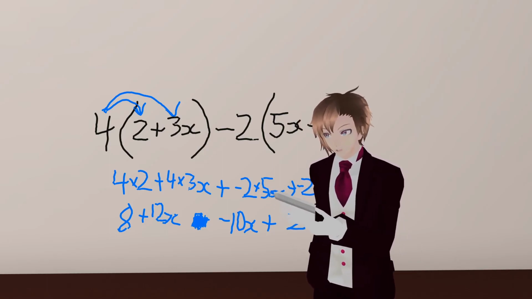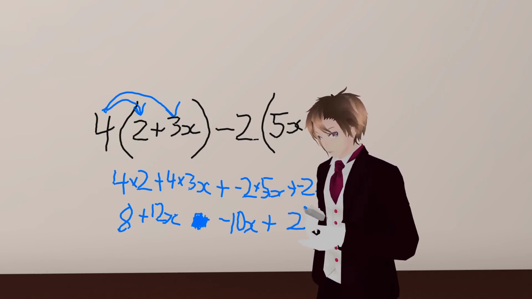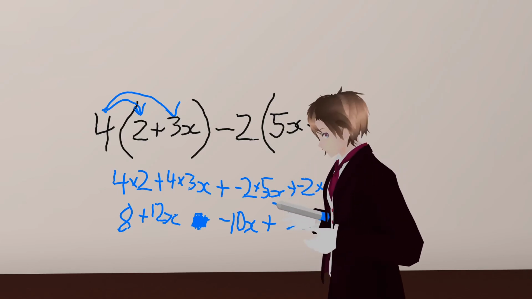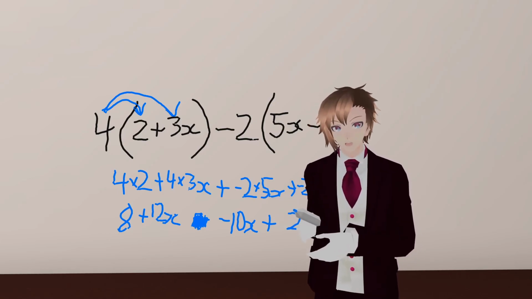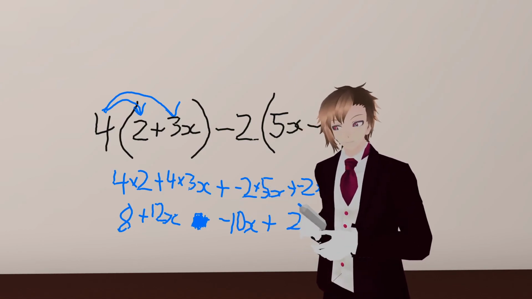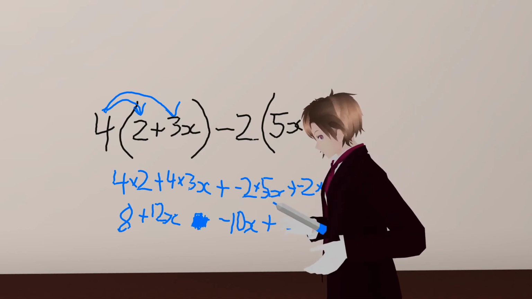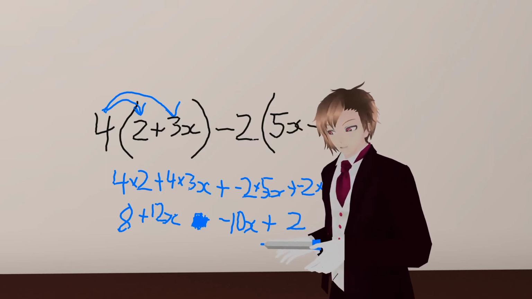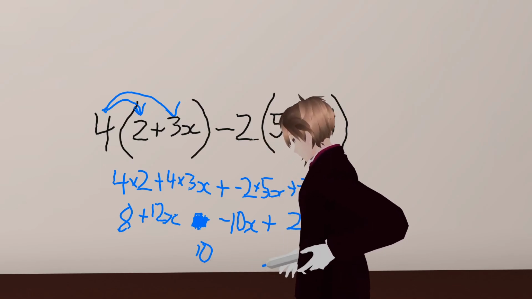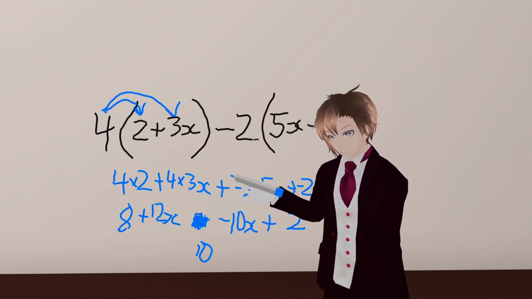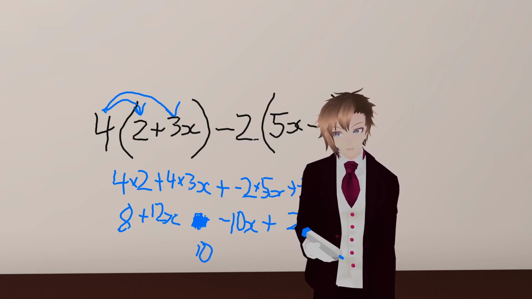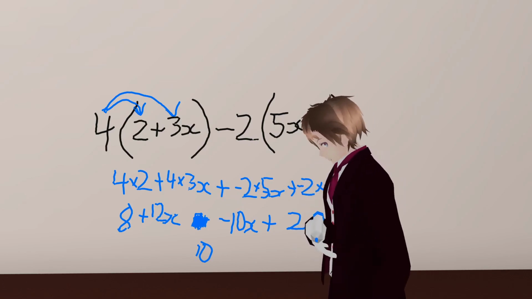If you think back to our last few videos, we have some like terms here. So let's combine our like terms. So we have an 8 and a 2, so we're going to put them together. 8 plus 2 is 10. And then we have 12x take away 10x. 12 take away 10 is 2.